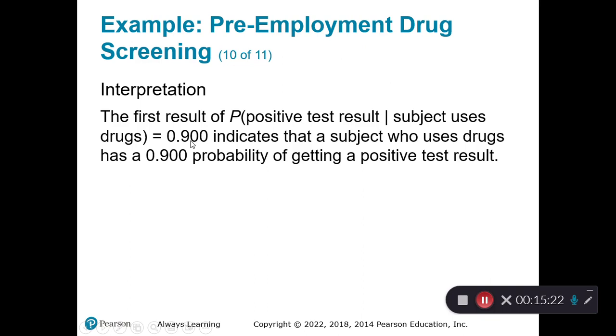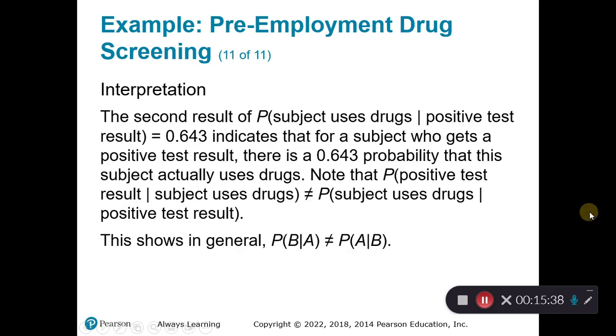Written in decimal form, it is different than what we obtained in Part A. In Part A, we were finding the probability of obtaining a positive test result given that we knew the subject uses drugs. That probability was 0.9. For the second problem, the probability that the subject uses drugs given that we know the person tested positive was a different result, 0.643.